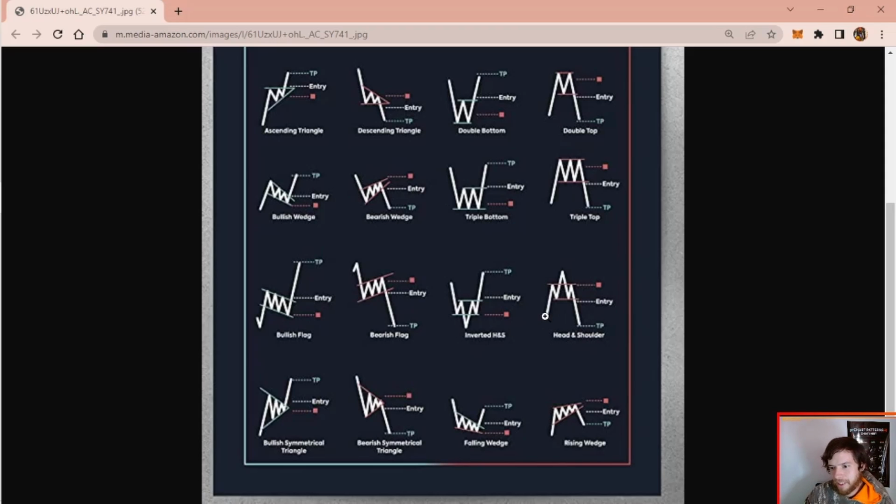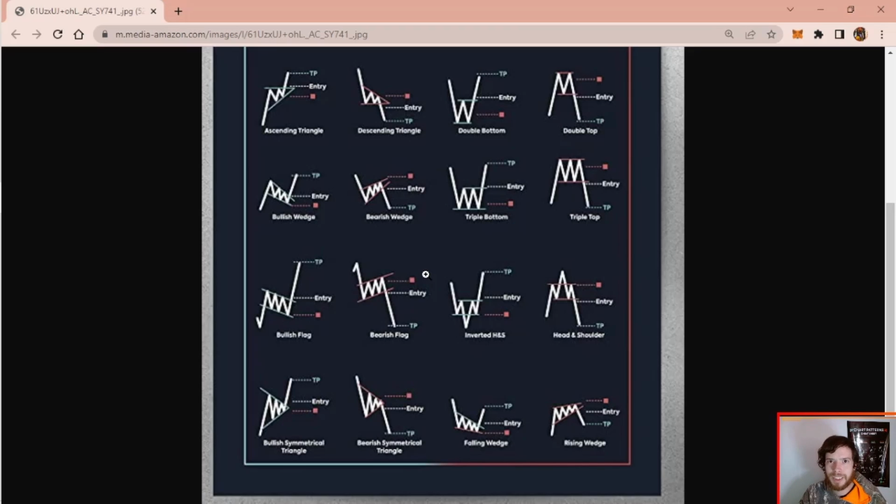Now, head and shoulders and inverse head and shoulders, these work similar to the double tops and double bottoms. However, you'll get a short low followed by a lower low, and then you'll get a similar low. You can see these slanted kind of often, so your other low might be higher than your first low.